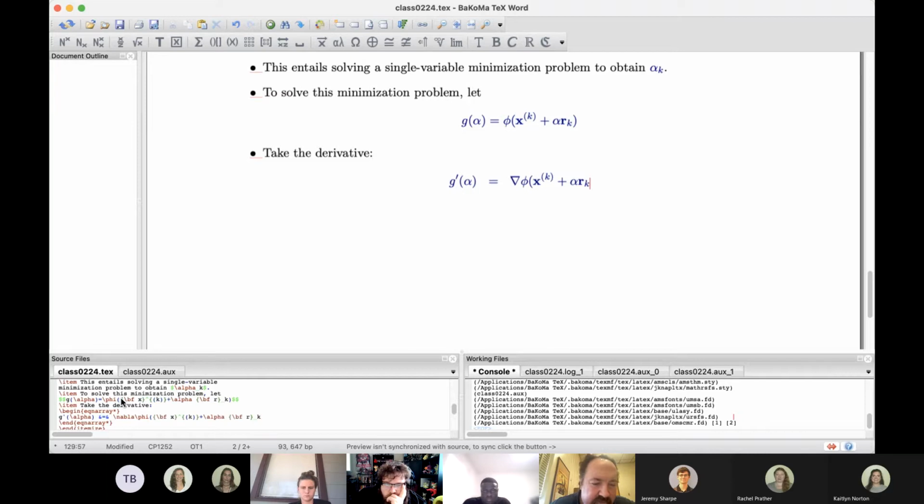So derivative of the outer function evaluated at the inner function, as you may remember chain rule being taught to you. And then we take the dot product of that with the derivative of what's inside with respect to alpha.